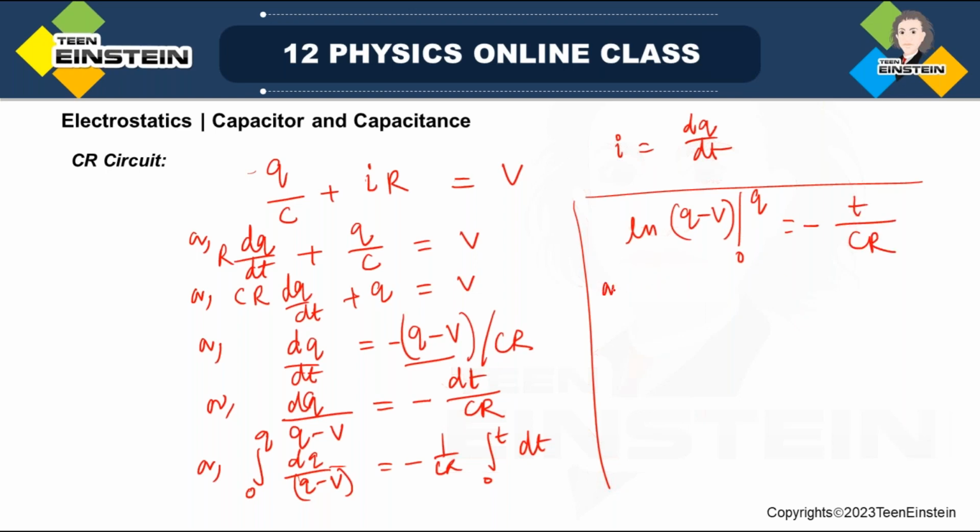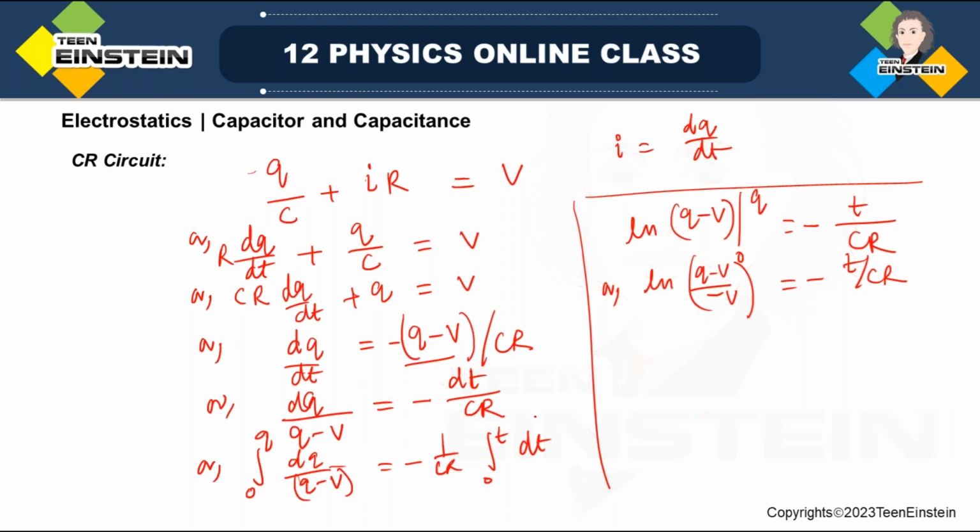Applying the limit, the lower limit 0 also comes as ln, so I'm writing it as a division: ln of q minus v divided by minus v equals minus t by cr. So we have to find out what is q.